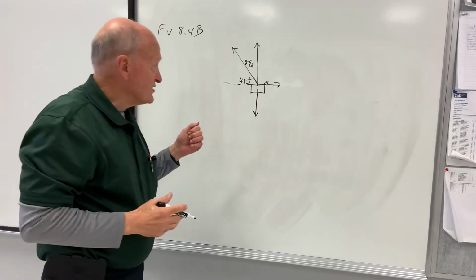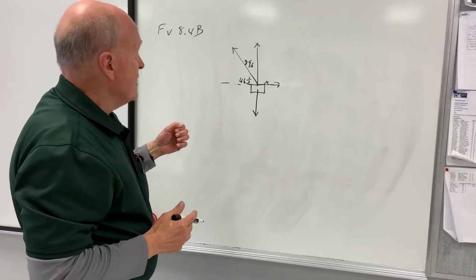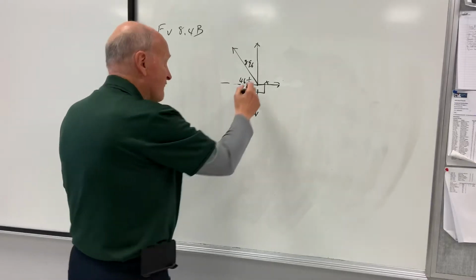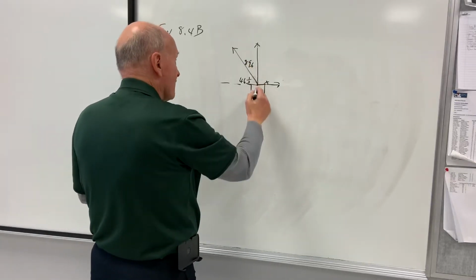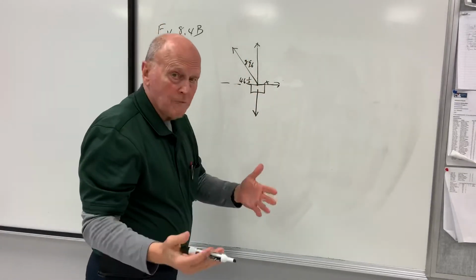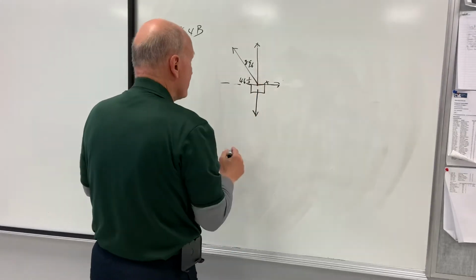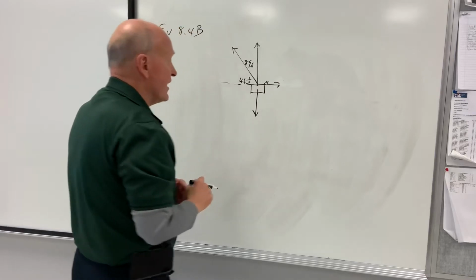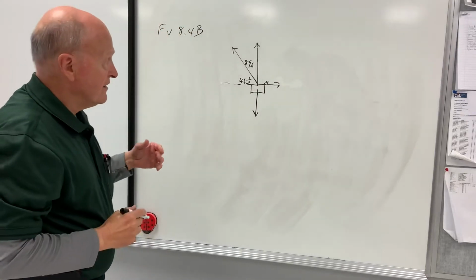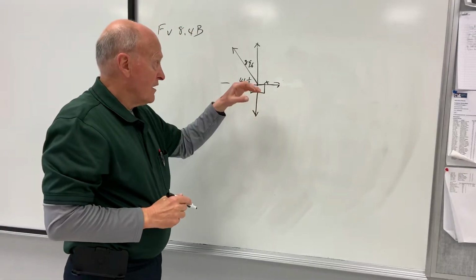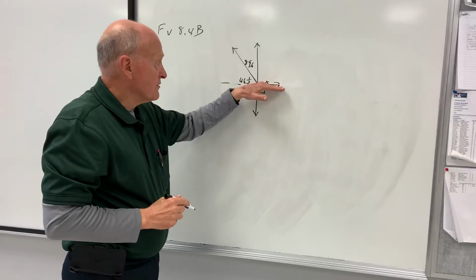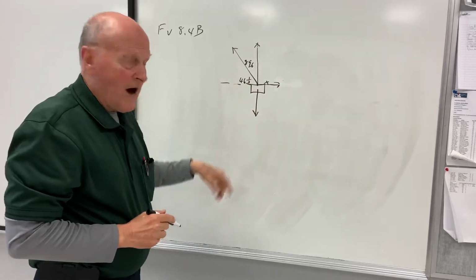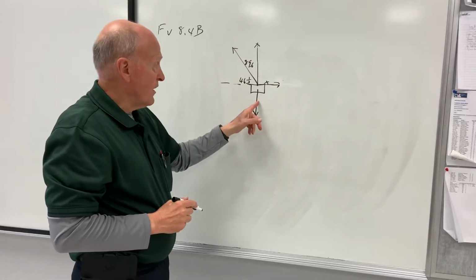So basically what I need to do is find the y component of this force and the x component of this force. And when I do that, that's going to give me the tension here and the weight of the box. The y component is going to be the weight of the box.